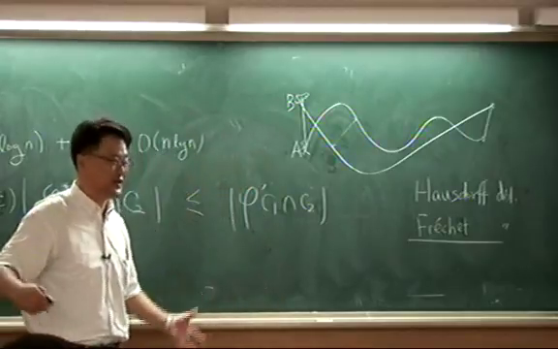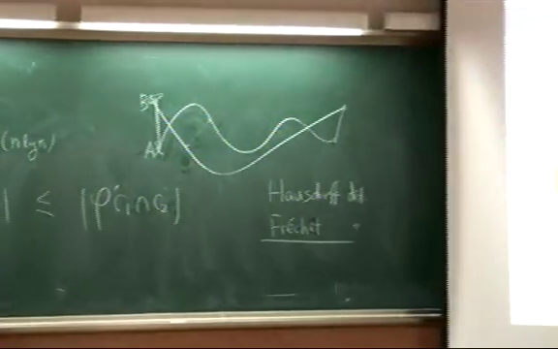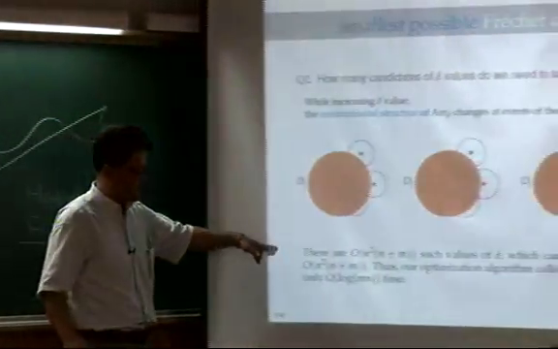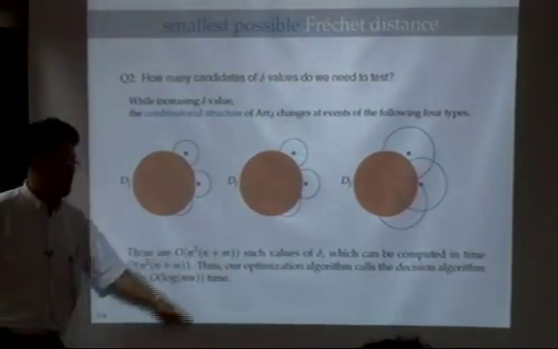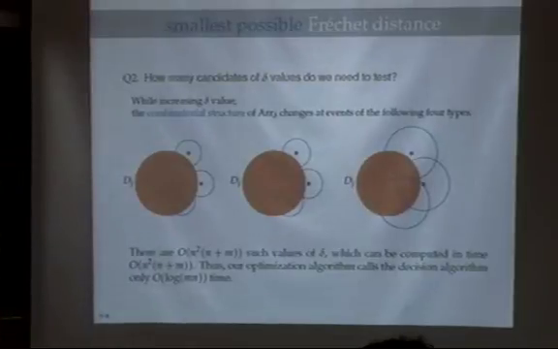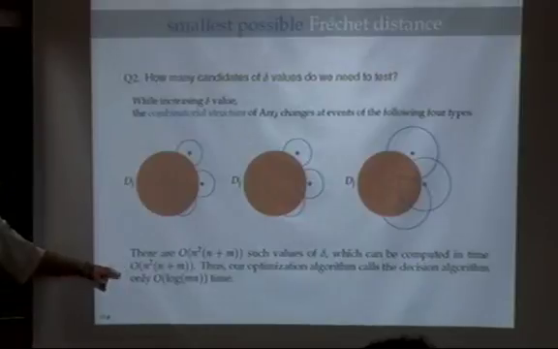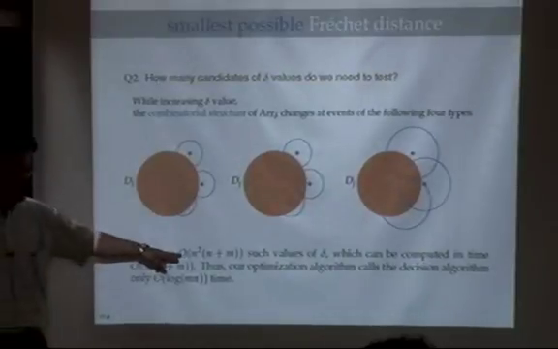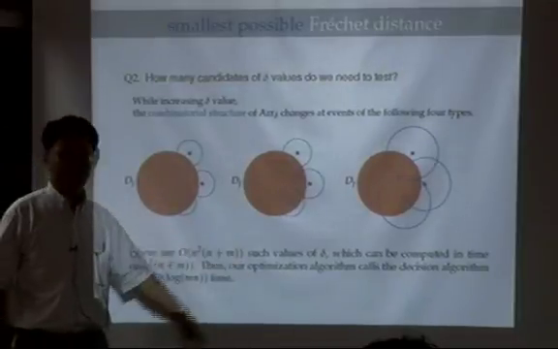So if you put it together, there are that many candidates for the delta values, and our optimization algorithm calls the previous decision algorithm, only this time once the delta values are sorted. So sorting takes only n square times n plus n m log nm.